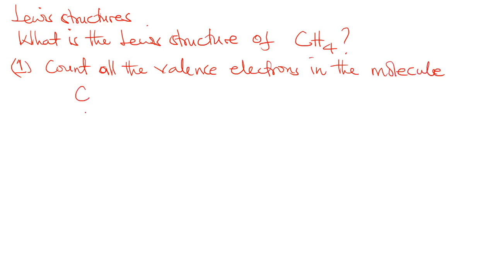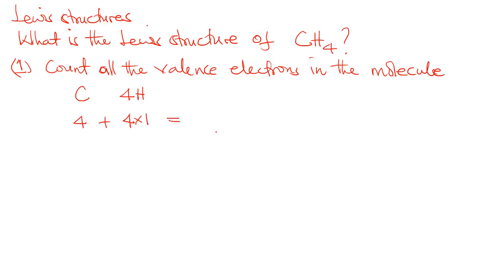Carbon has 4 valence electrons, and we have 4 hydrogens here. Each hydrogen has 1 valence electron.